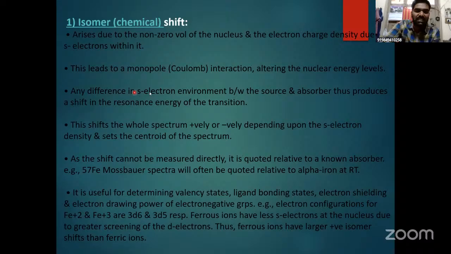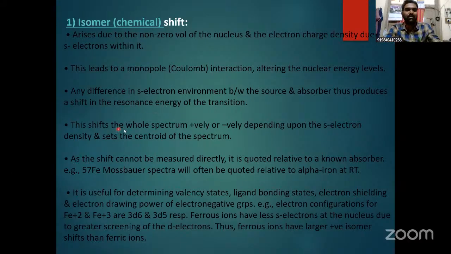An energy difference in the s electron environment between the source and observer thus produces a shift in the resonance energy of the transition, that is, between the ground state and excited state. If there is any difference in the environment, this shift occurs.